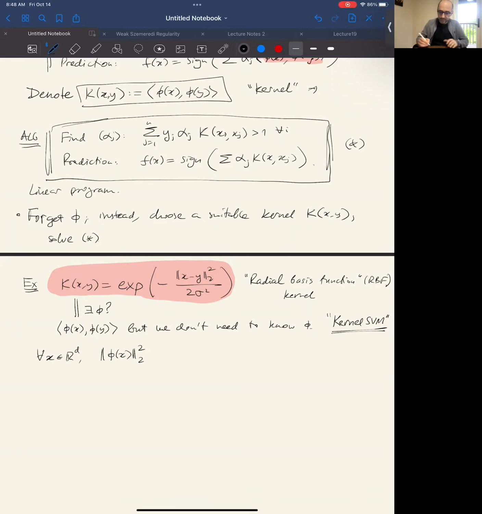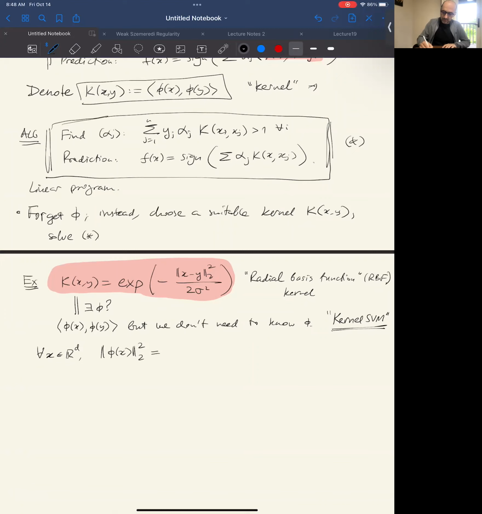Where is this point mapped? That's the inner product of phi of x with itself, which is k of x, x. If we substitute x and x, you get 0. You exponentiate 0, you get 1.